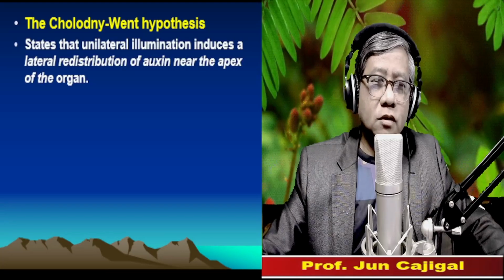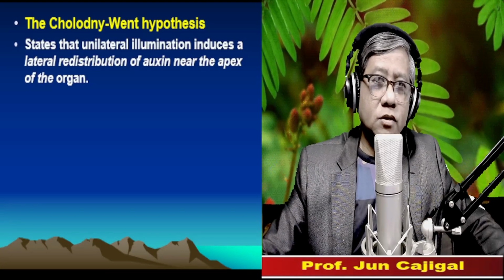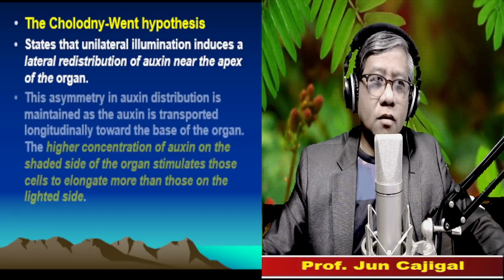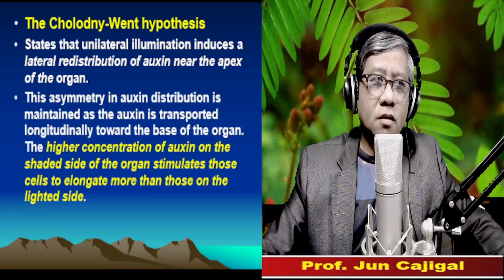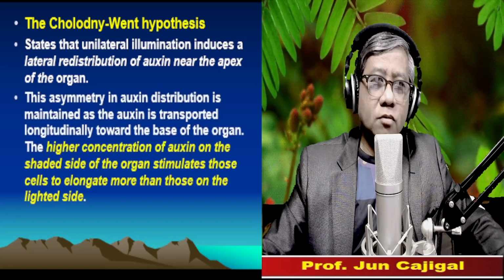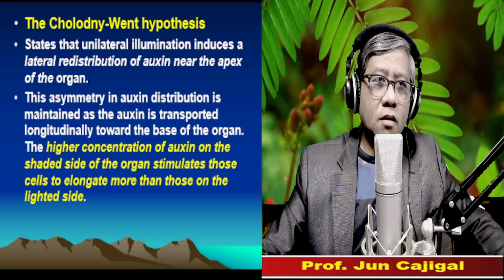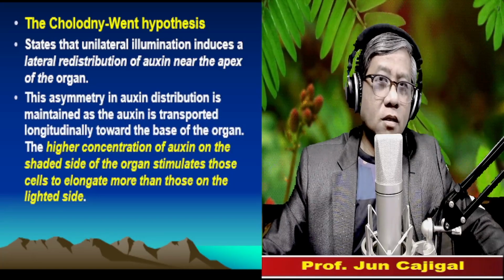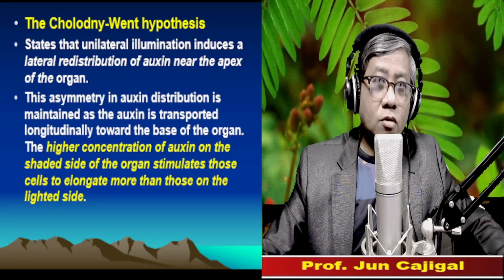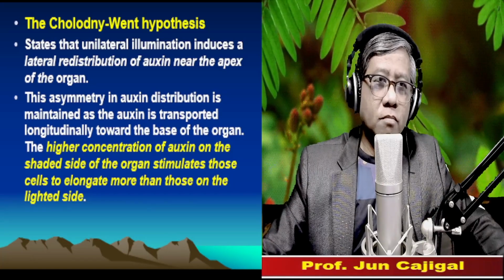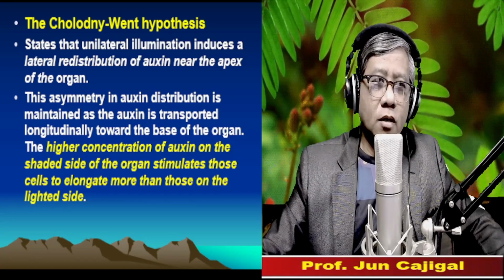The Cholodny-Went hypothesis simply states that unilateral illumination induces a lateral redistribution of auxin near the apex of the plant organ. This asymmetry in auxin distribution is maintained as the auxin is transported longitudinally towards the base of the plant organ.